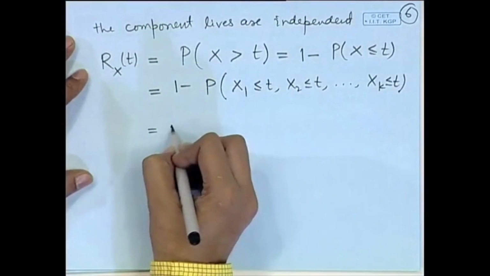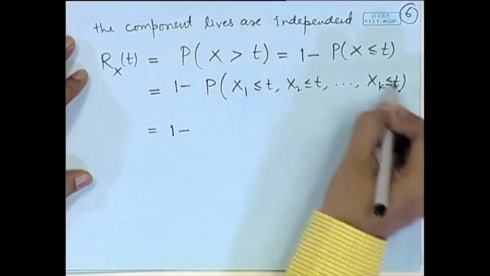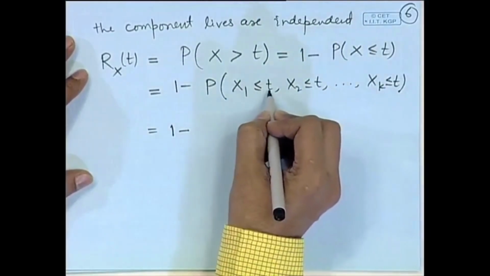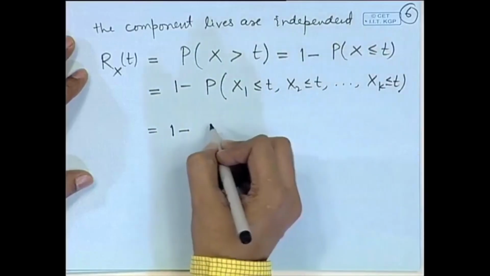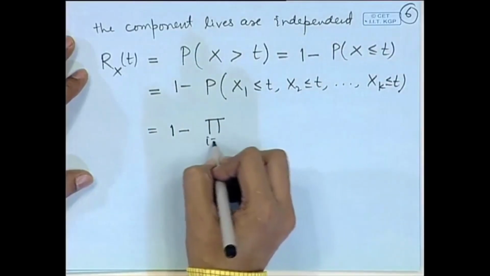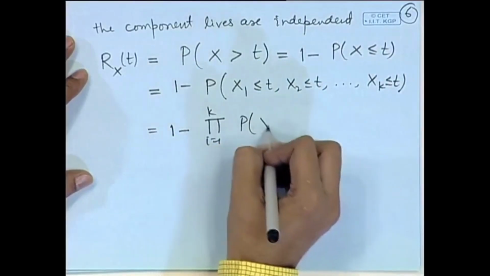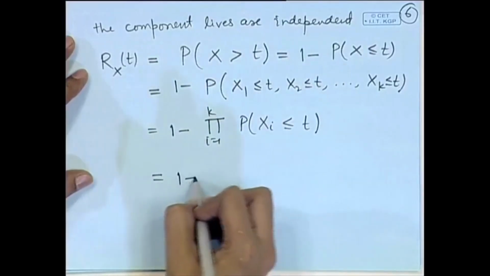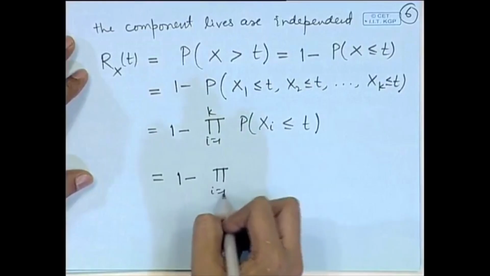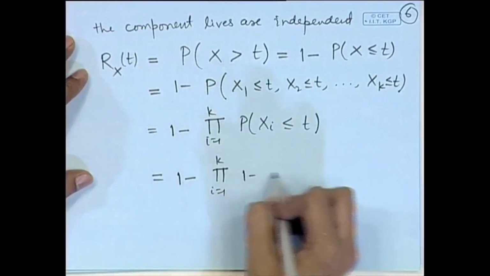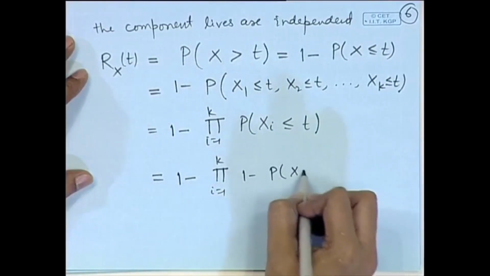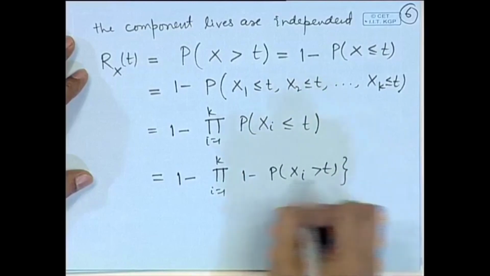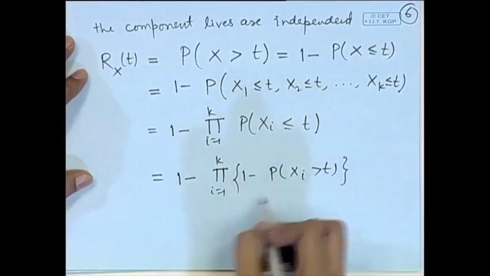This is equal to 1 minus. Now, once again we can make use of the independence of the lives of the individual components. So, it becomes the product of the probabilities of x i less than or equal to t, which is nothing but 1 minus probability of x i greater than t. Now, this is nothing but R i.